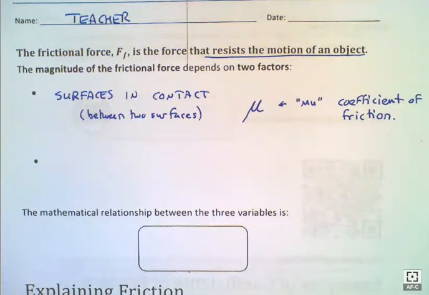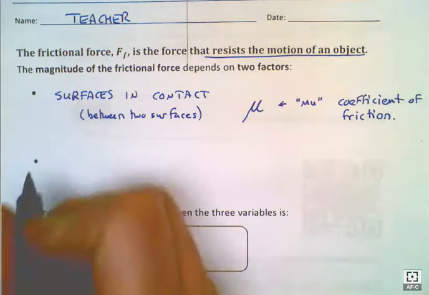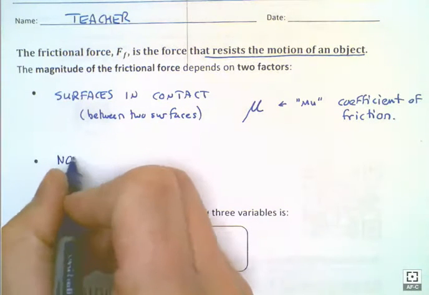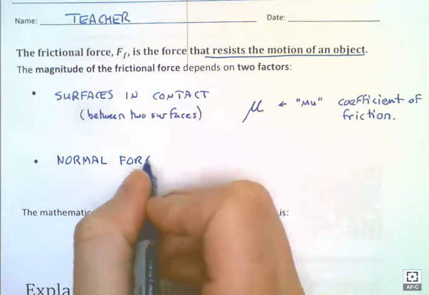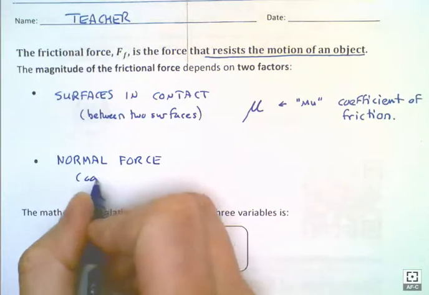As soon as I say that the contact force appears to be less than the weight of the object, what I'm really talking about is what? Hopefully you've said the normal force, or the contact force.